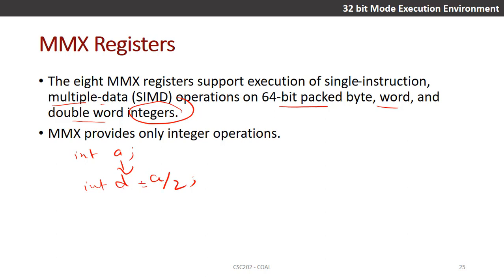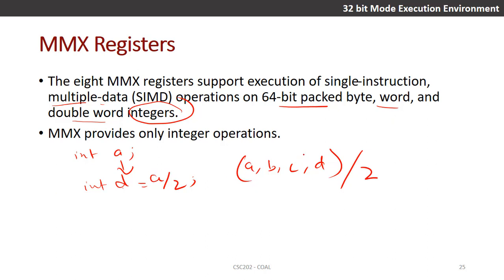But if we want to perform SIMD operations, we need multiple data. So for multiple data we need multiple operands a, b, c, d, and we want to divide all these operands by 2 as per this instruction.